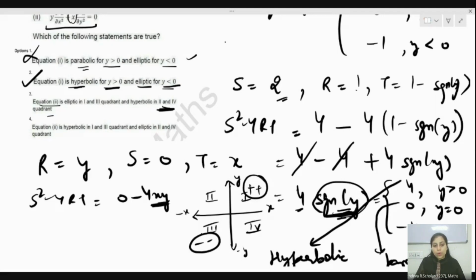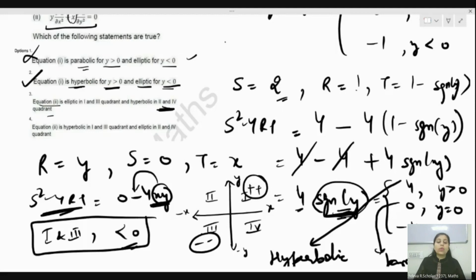When both are positive, or both negative, the product xy is positive. So in the first and third quadrant, S square minus 4RT is a negative multiplied by a positive, so the answer will be negative, that is less than 0.